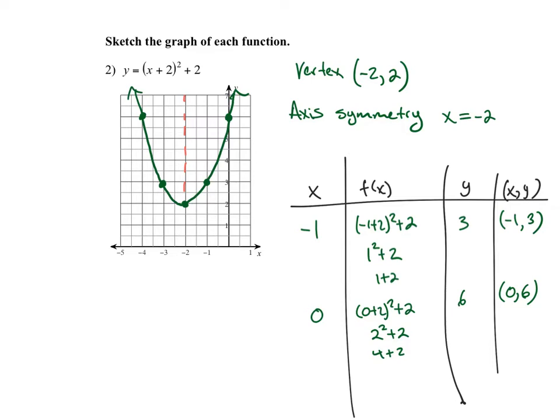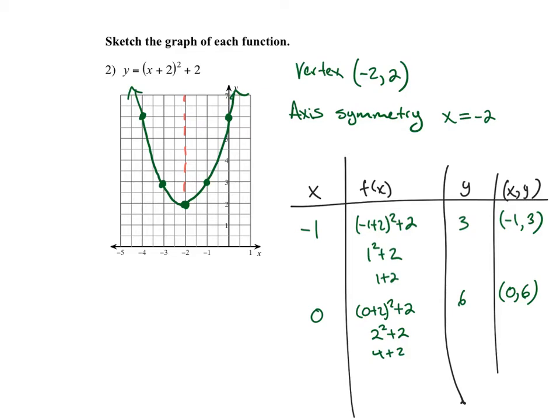And I'm going to use this graph to go over something. This point right here, my vertex, as you can see, is the lowest point that I have on the graph. There's nothing on the graph below that one. There's nothing down there. So that means that every single value of y is up there.